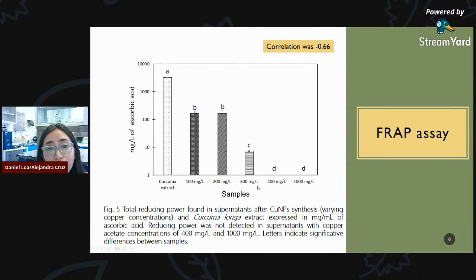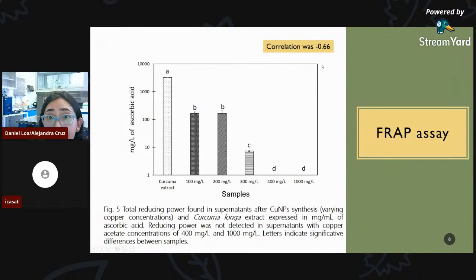When we go to concentrations of 300 milligrams per liter, it reduces more. And when we see the results for 400 and above, no reducing power was detected through this assay. We correlated this data, and the result was minus 0.66, which indicates the following, as stated in the conclusions.